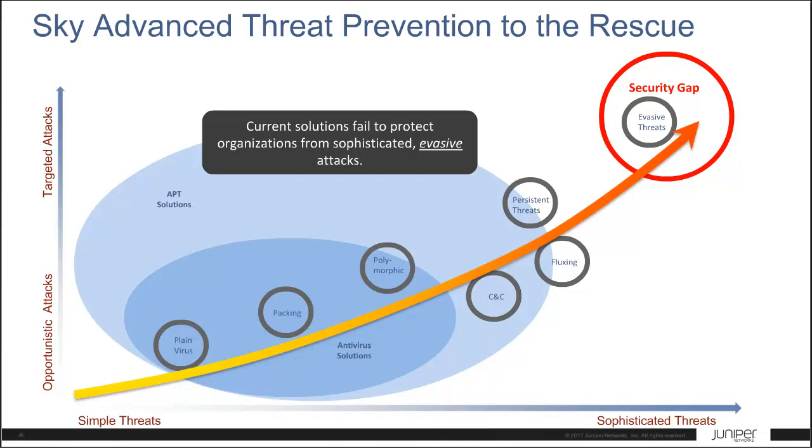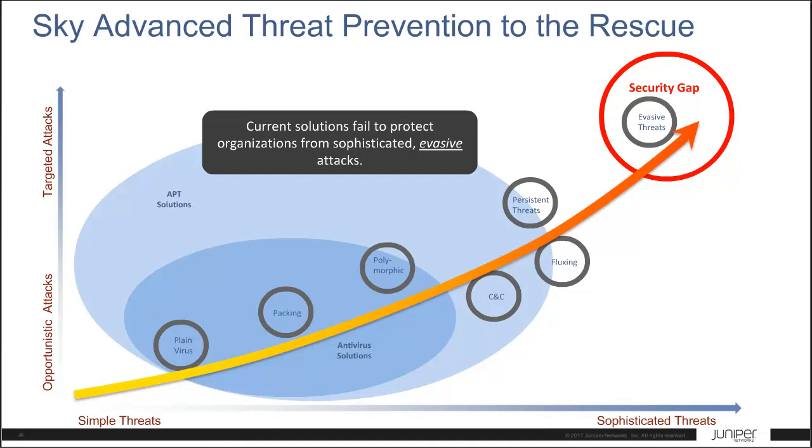But then there are more and more threats being developed nowadays, more persistent, like command and control attacks, and some more sophisticated attacks that require solutions more advanced than just antivirus. And that is where we have the advanced threat prevention solutions.